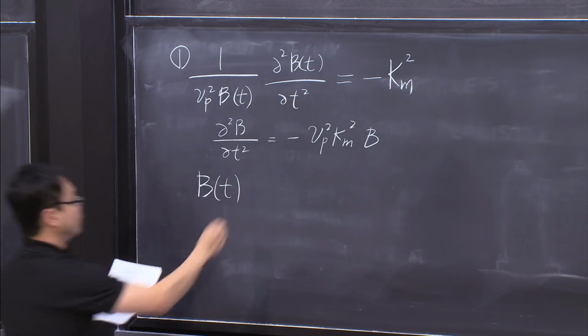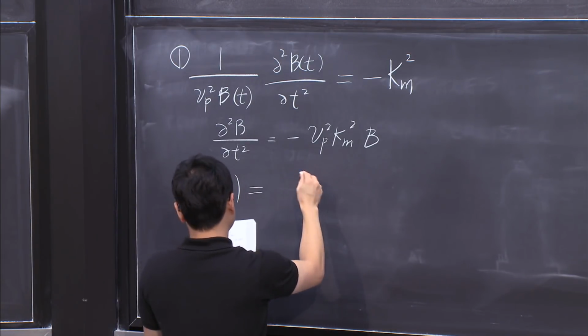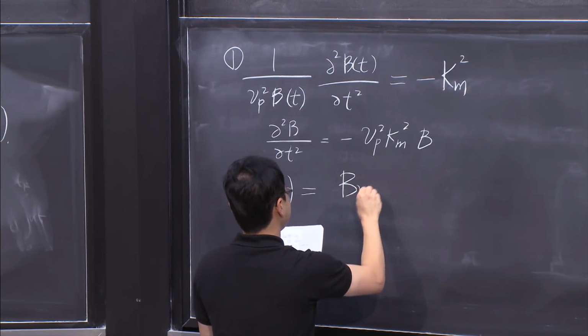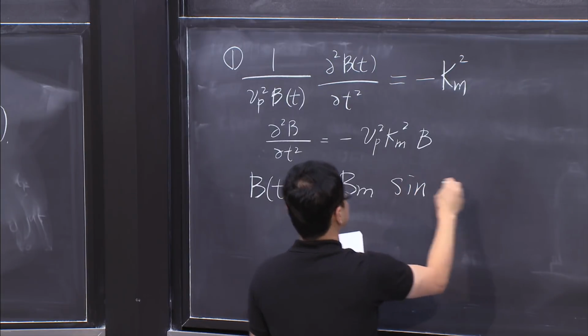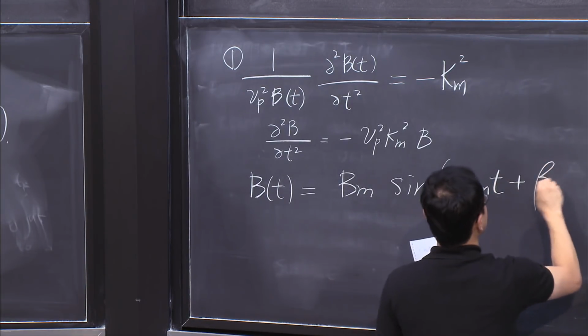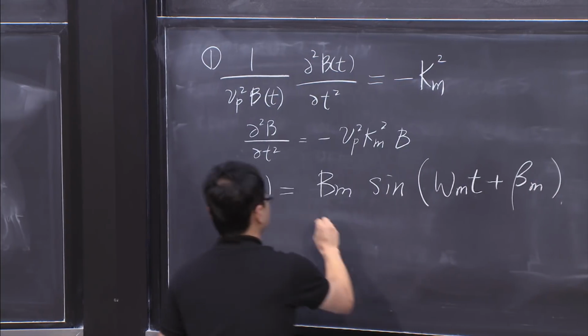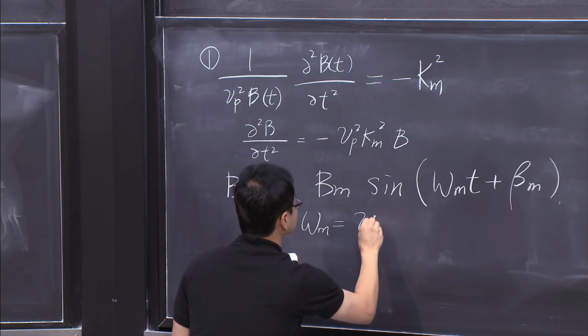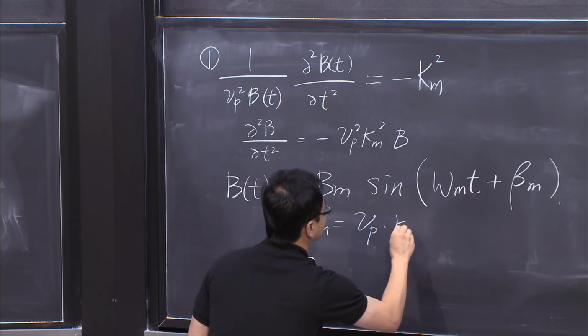B of t will be equal to Bn sine omega n t plus beta n, where omega n is equal to Vp times kn.